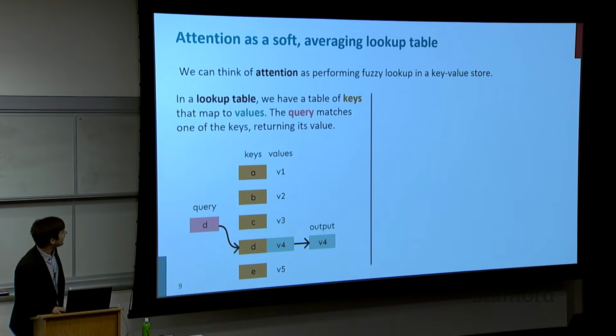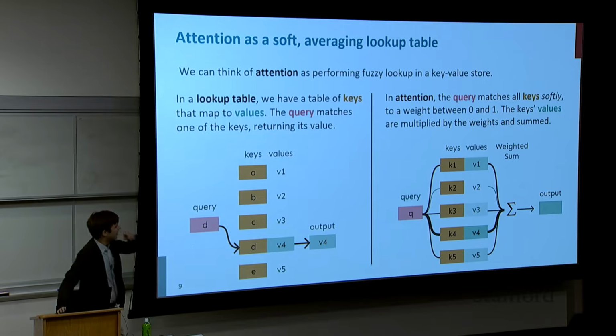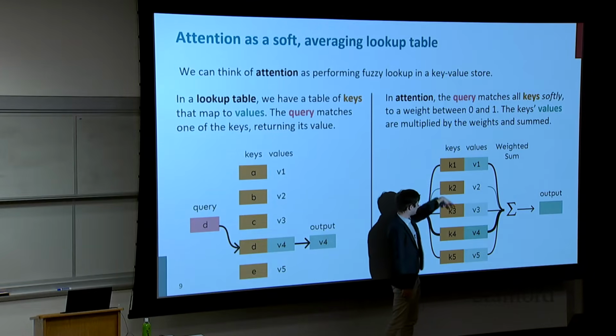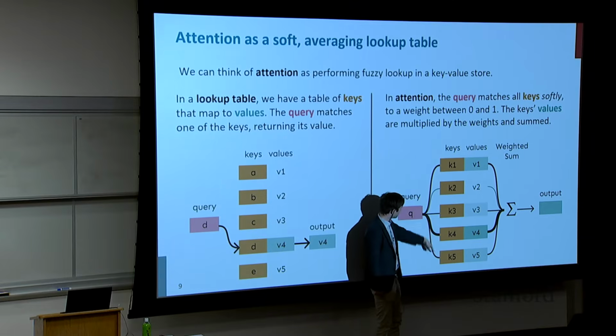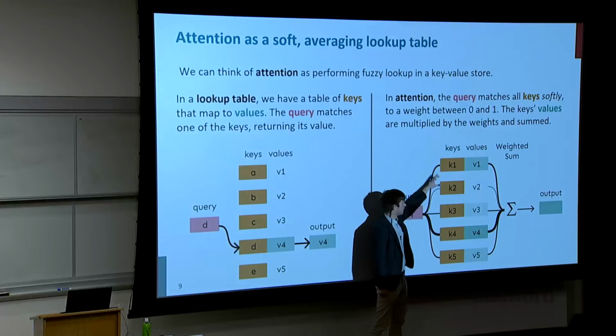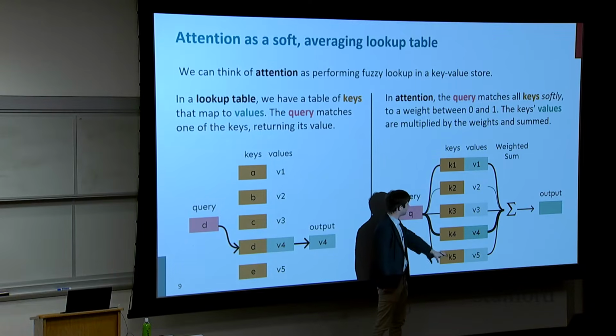And in attention, just like we saw before, the query matches all keys softly. There's no exact match. You compute some sort of similarity between the query and all of the keys, and then you weight the results. So you've got a query, and you've got a bunch of keys. The query, to different extents, is similar to each of the keys, and you measure that similarity between 0 and 1 through a softmax.